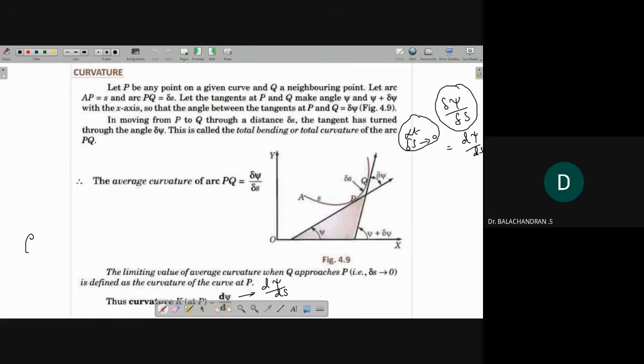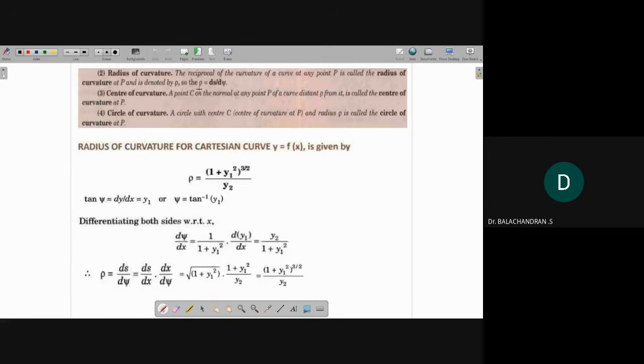Sorry, I mistakenly said curvature is denoted by rho, but curvature is always denoted by capital K, and radius of curvature is denoted by rho. Rho is the reciprocal of the curvature, so rho equals ds by d psi.